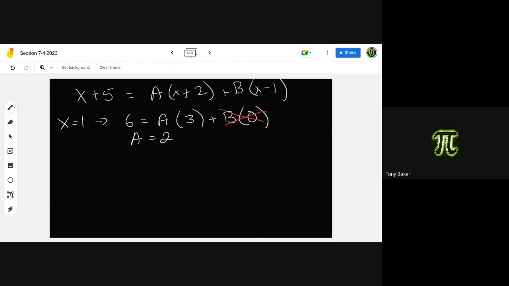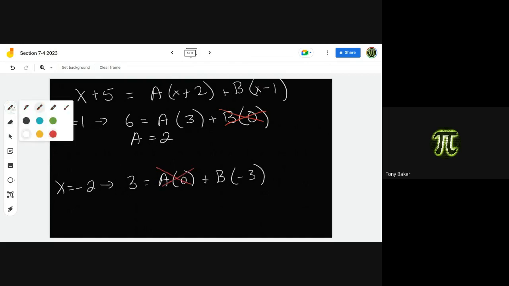So what's another number I want to plug in and try? -2. So -2 plus 5 is 3. -2 plus 2 is 0. -2 minus 1 is -3. So in this case, that's gone.